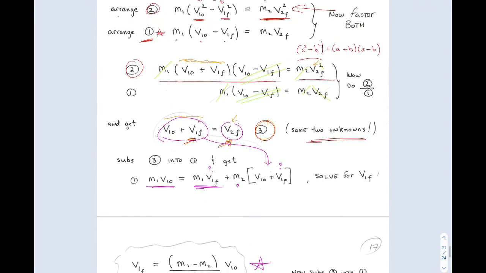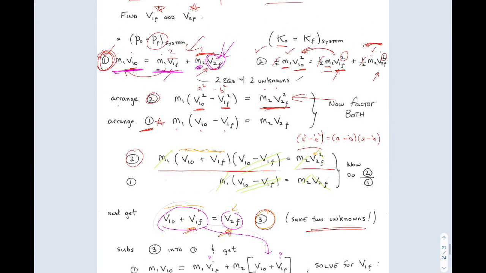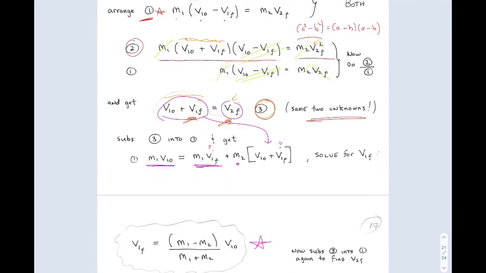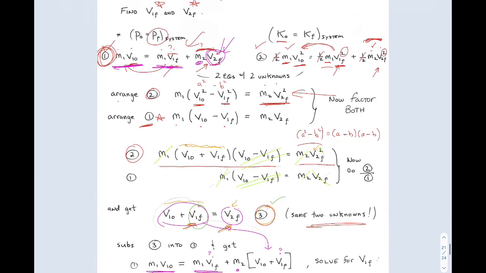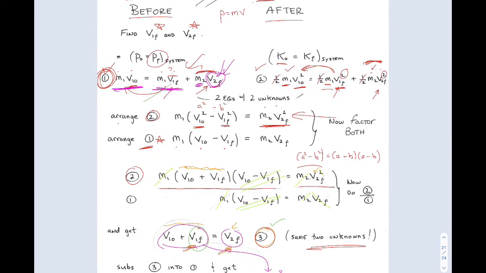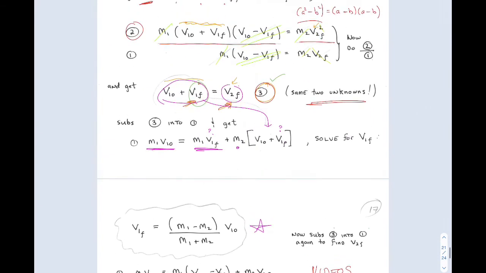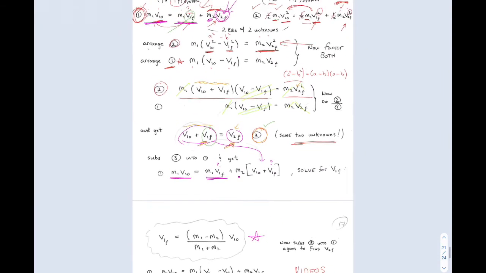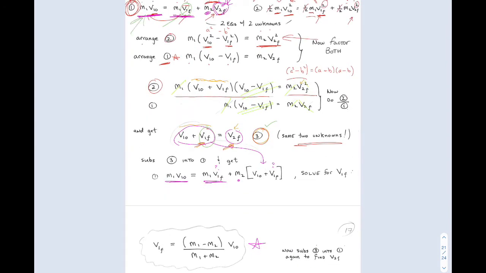All right, now to get V2 final, the other thing to do is I could substitute 3 back into number 1. So here's equation 3. I'd solve equation 3 for V1 final, get V1 final by itself, and then take that V1 final and stick it right there. So here's my equation number 1.